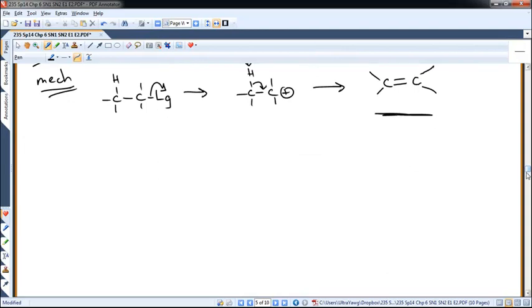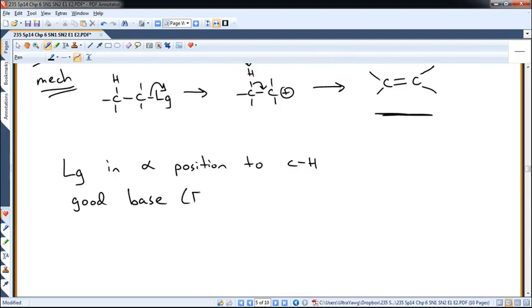And so if you want to do one particular mechanism, there are a couple factors you need to take into account. The key things you need to look for when you're doing elimination chemistry is you need to have a leaving group in the alpha position, meaning the position right next to a carbon-hydrogen bond. Essentially they have to be adjacent to each other. And what else do you need?